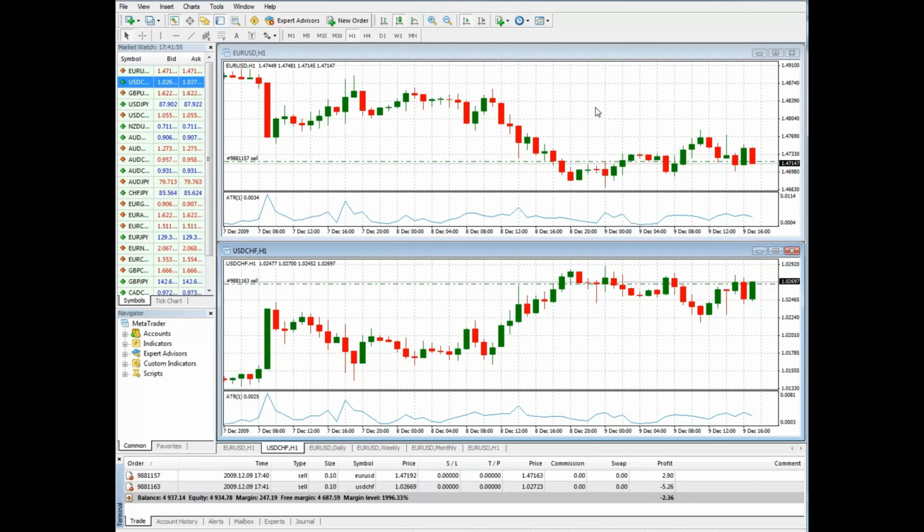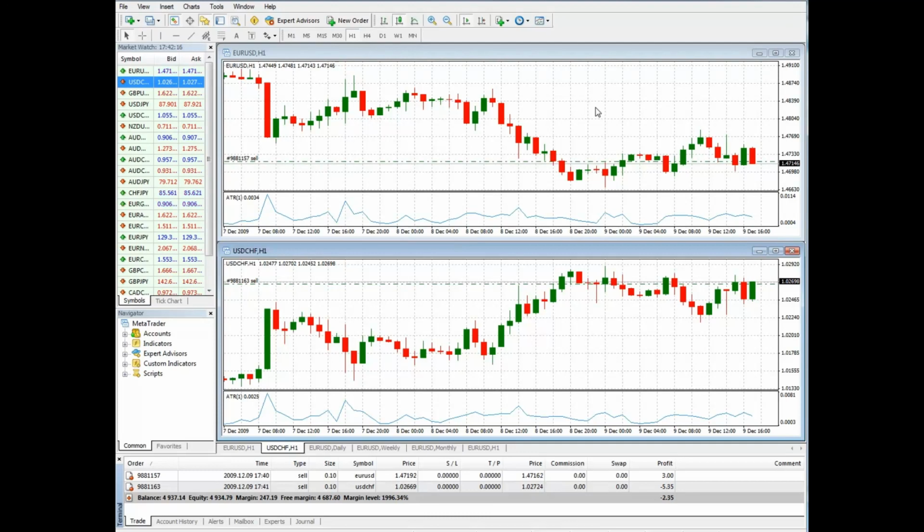Now the combination of these two things can be called what's known as a synthetic security. Okay, a synthetic security is like a made up security composed of several discrete individual components.